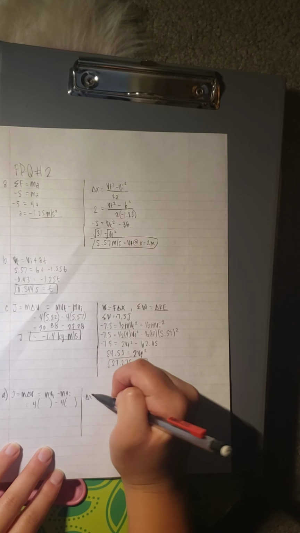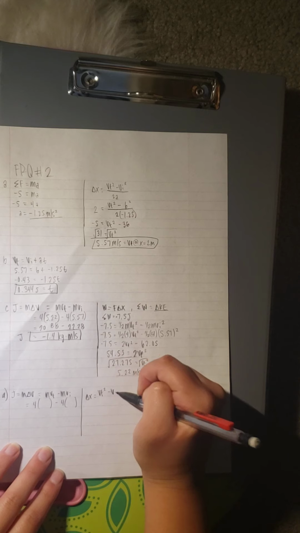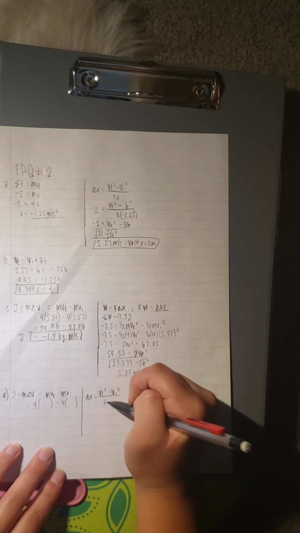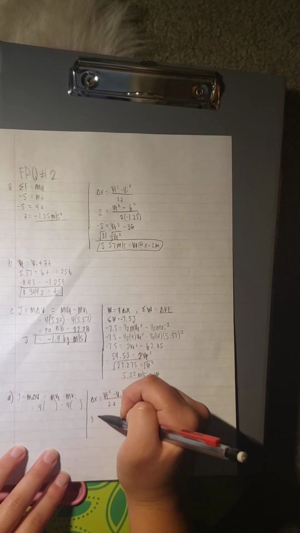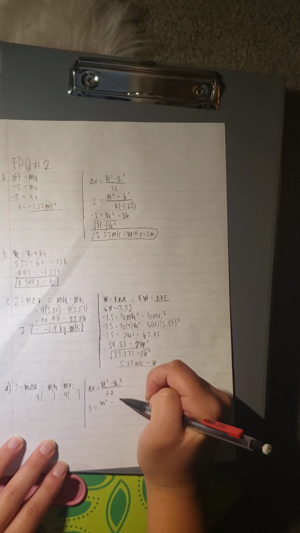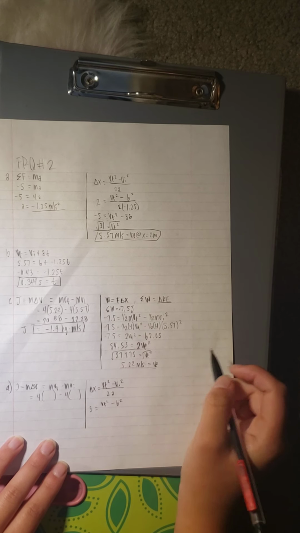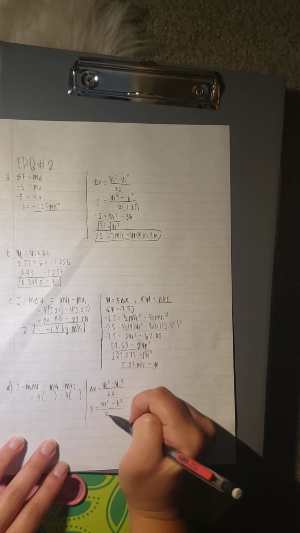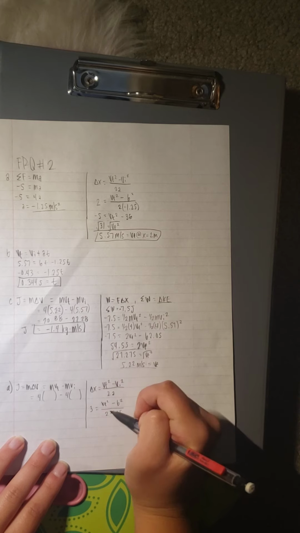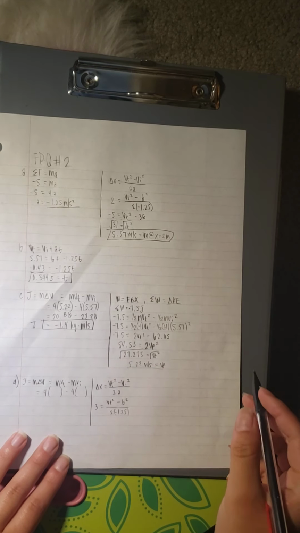We can just set up kinematic form because we have already found acceleration. So delta x is going to be 3. We are looking for VF, and again, VI is 6 because it tells us. And we're just using the A that we had already previously found.